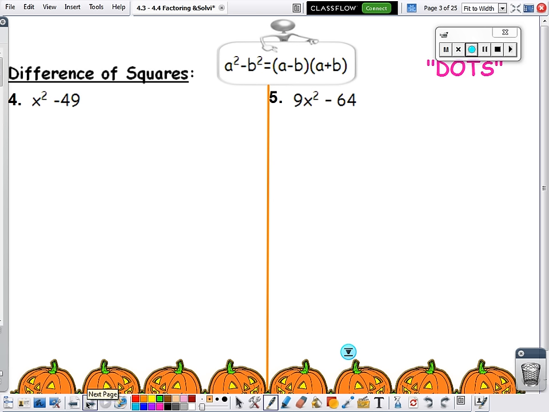The next set of factoring problems deals with a pattern. It's called a difference of two squares.